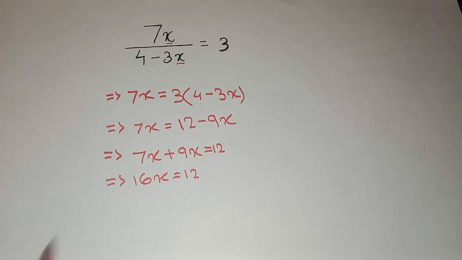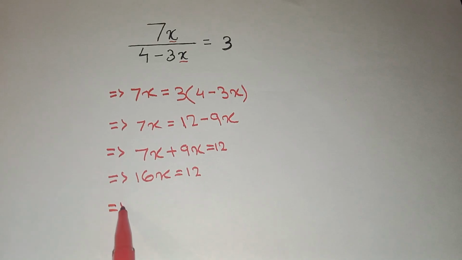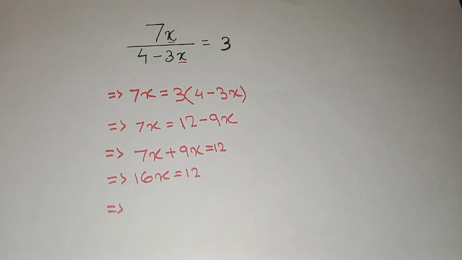After the fourth step, we have to find out the value of x. The simple way is to make x the subject, with x written on one side. Since 16 is being multiplied by x, when it moves to the other side it will come in the denominator. So x equal to 12 upon 16.